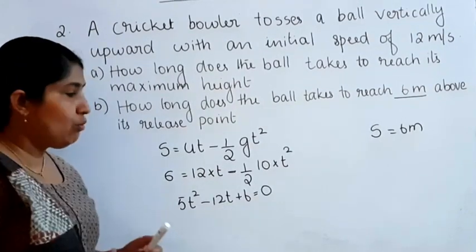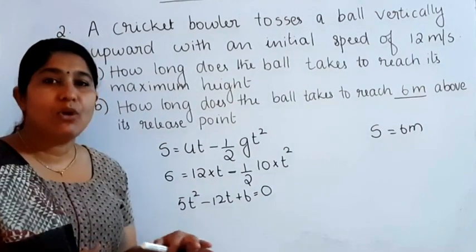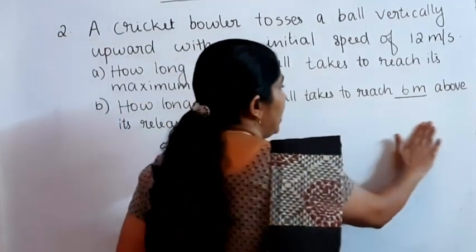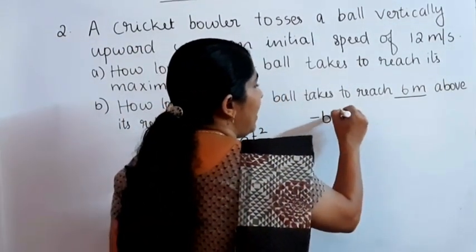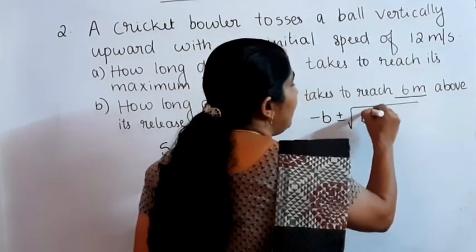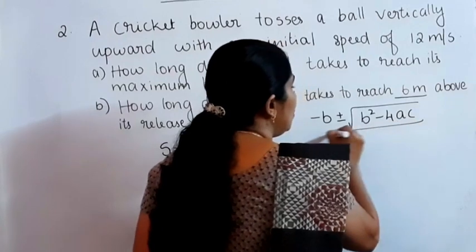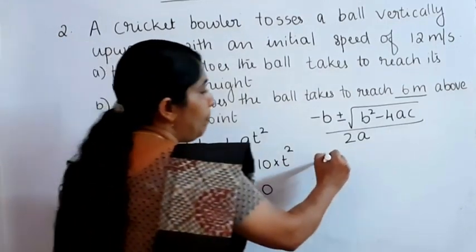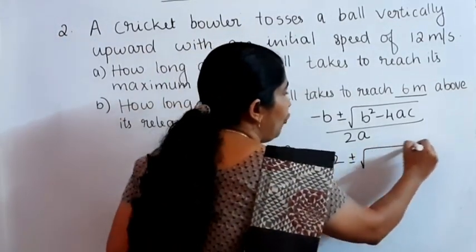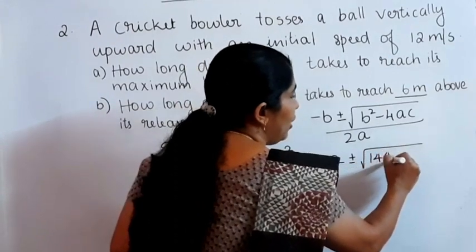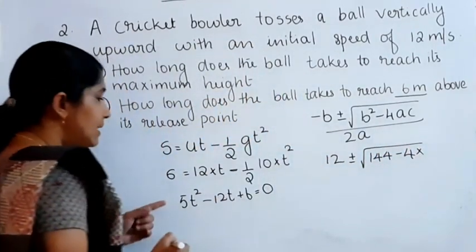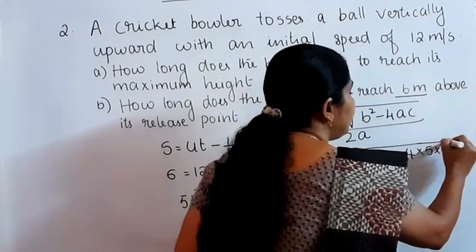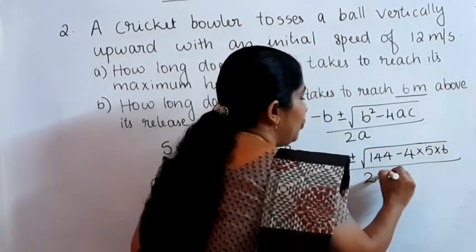Then by using the equation minus b plus or minus root of b square minus 4ac divided by 2a, we can solve it as 12 plus or minus root of 12 square, that is 144, minus 4 into a equal to 5 and c equal to 6, that is 5 into 6, the whole divided by 2 into 5.